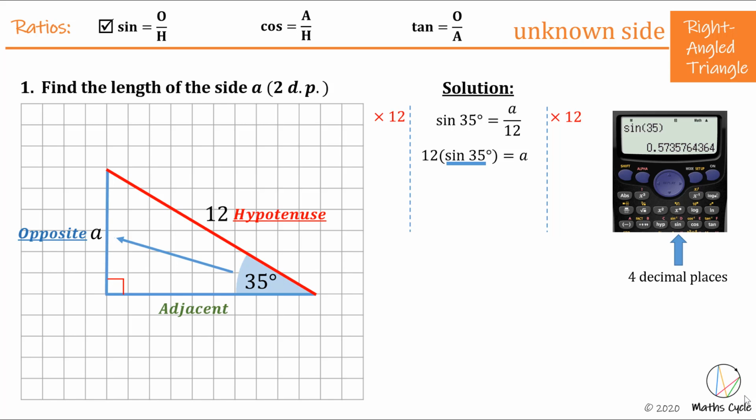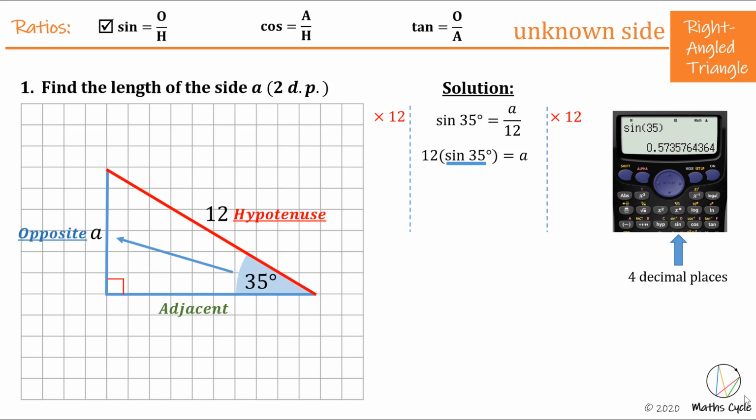It will generally be a big decimal like we see here, and what I usually do is take 4 decimal places to maintain accuracy. Sometimes in an exam paper, maybe ordinary level or junior cert, they say what's the sine of 35, correct to 2 decimal places. So answer that as it's been asked, but in general I always take 4 decimal places.